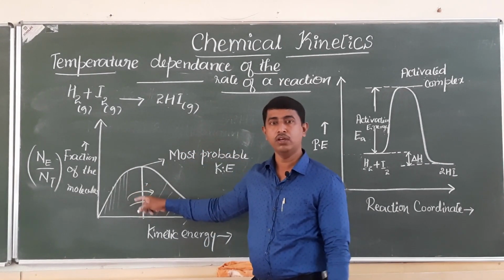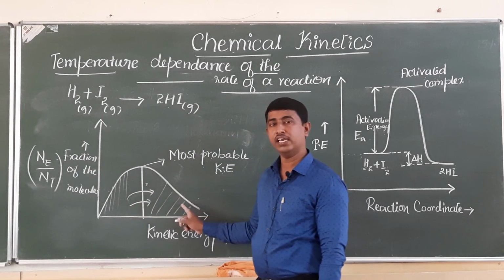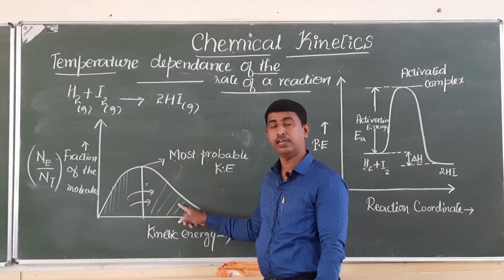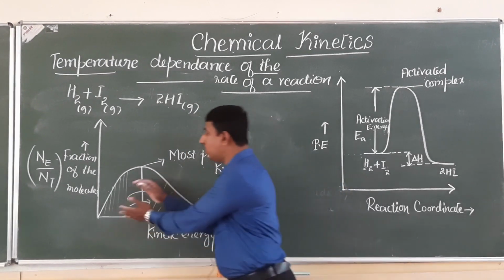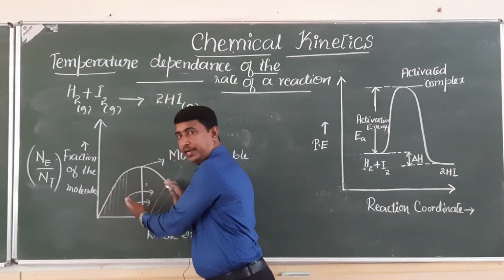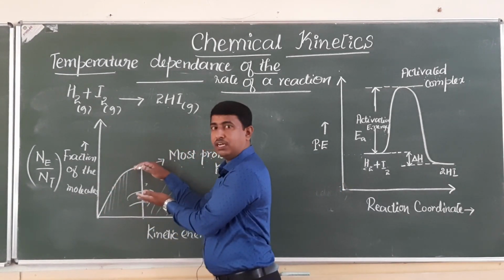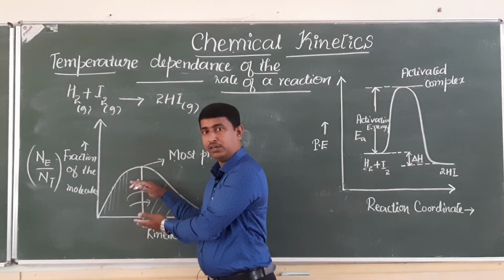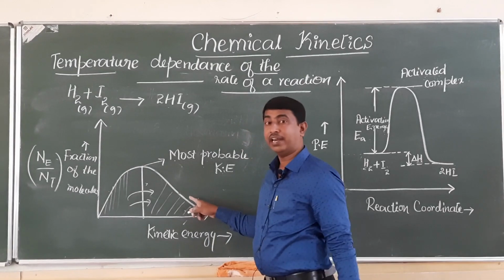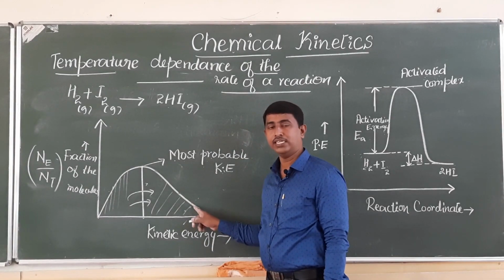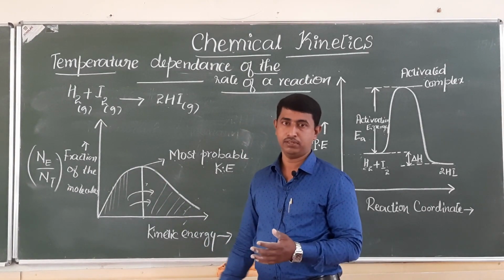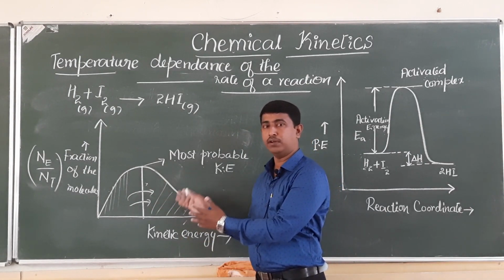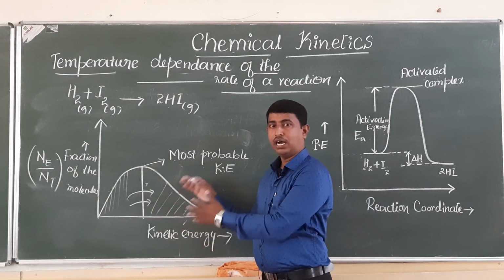They will shift from the lower energy side to the higher energy side. Understood? As a result, since molecules shift from left to right, the peak of the curve gets reduced, whereas the right side broadens out due to the shifting of the molecules from lower energy side to higher energy side.